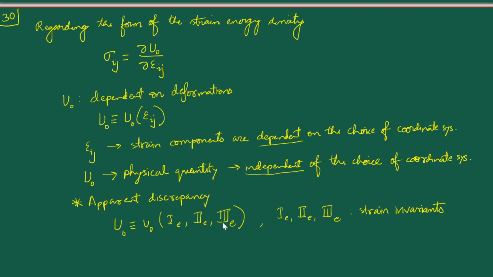The implication is that this I3E is basically the determinant of the strain matrix, and each of the terms in it involves three of the strain components. So these involve cubic powers of the strain components.